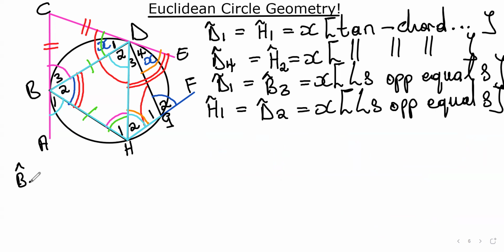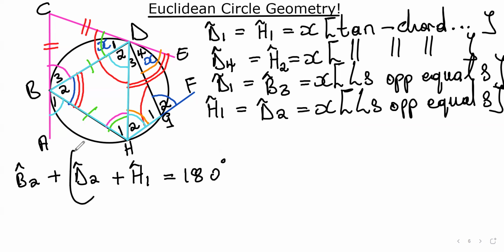When we take B2, we add it to D2, we also add it to H1, the result is 180 degrees. You know the reason. Now, this is x and this is x, so that's 2x.